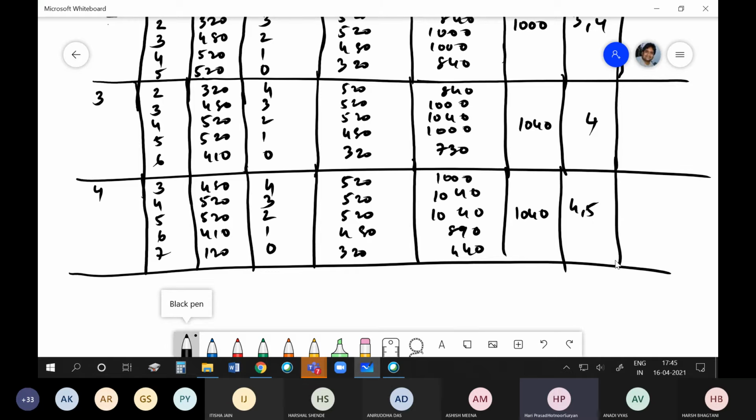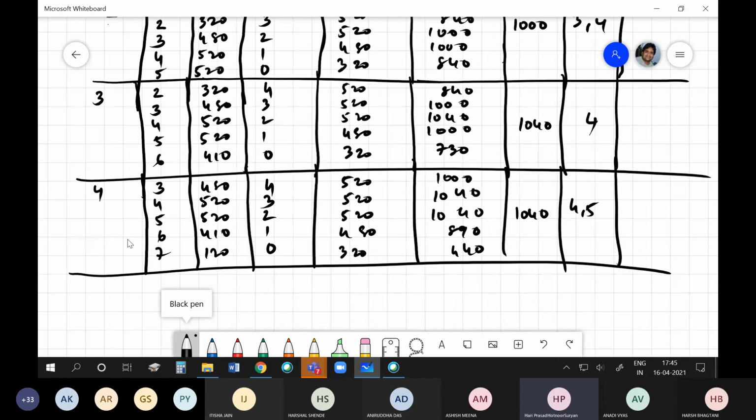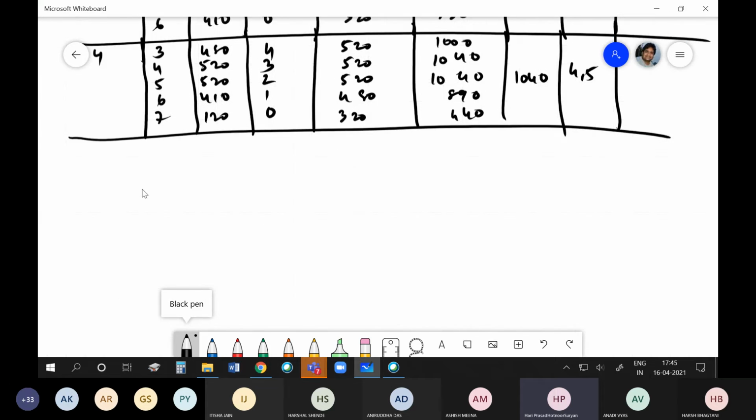Okay, so this completes the table for stage 3. So then stage 2. What are the possible values of S2? Again, we will have 0, 1, 2, 3, 4.